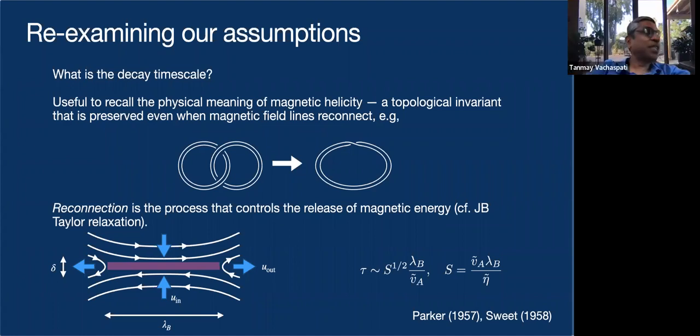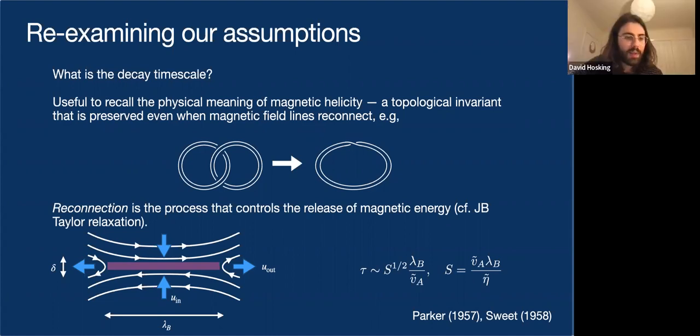Somehow I was under the impression that the theory was that if you have a random volume, there'll be reconnections, but sometimes they'll increase the helicity linking and sometimes they'll decrease it. And on average, you get helicity conservation.